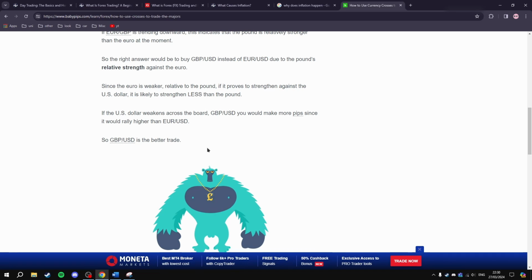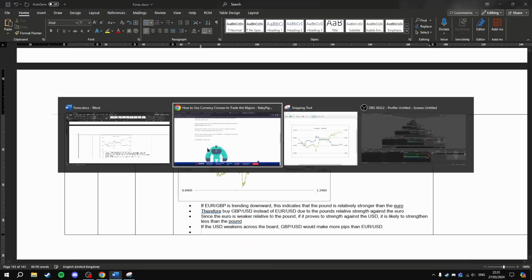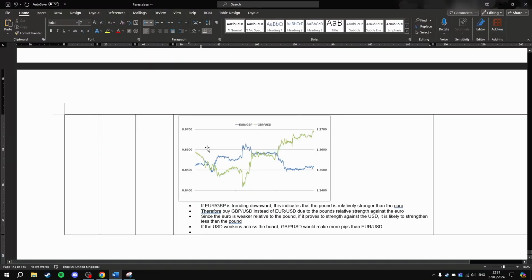Because GBP is stronger than euro already, if USD does weaken across the board, then GBP/USD is going to have a bigger gap in strength than EUR/USD. GBP/USD would make more pips than EUR/USD. GBP/USD, it's the better trade.